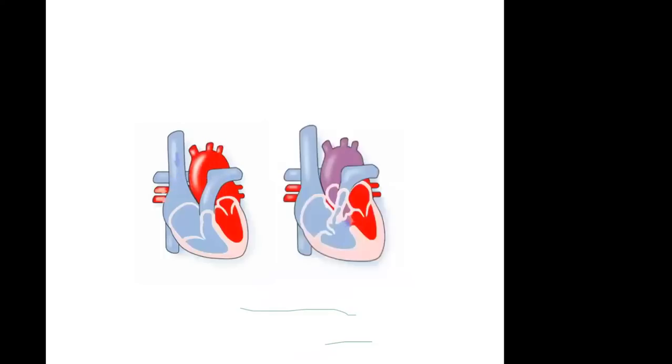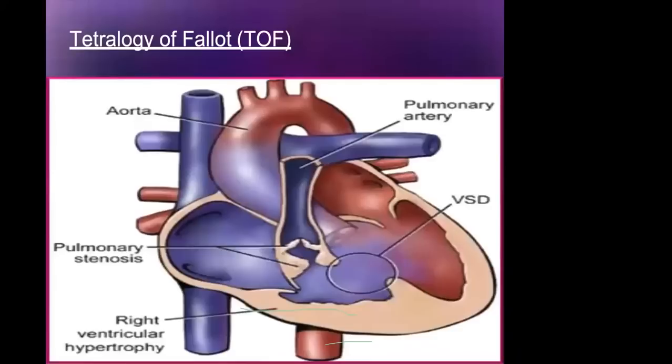So now you can notice the difference between the TOF and the normal circulation. So what is happening over here? As I already said, it's all about the imagination. If you are able to imagine well, you will not have any problems at all.